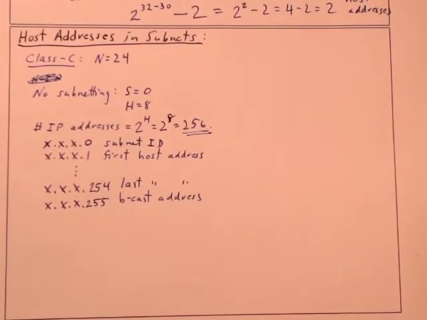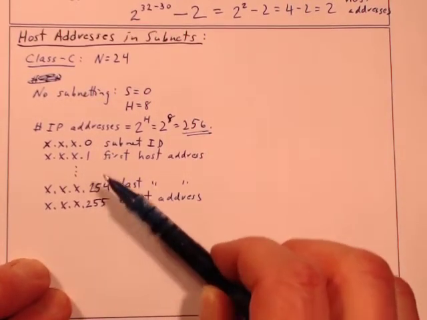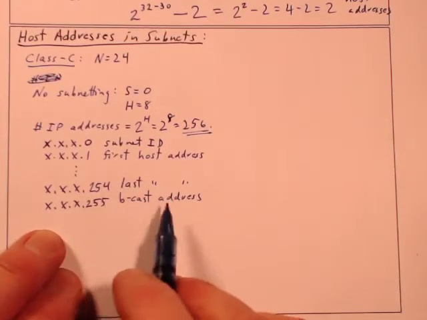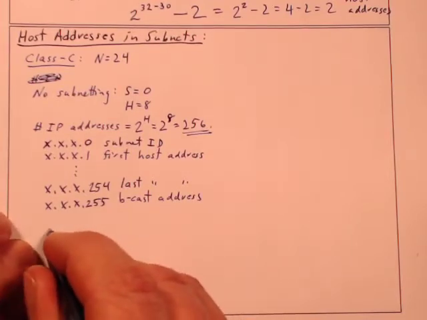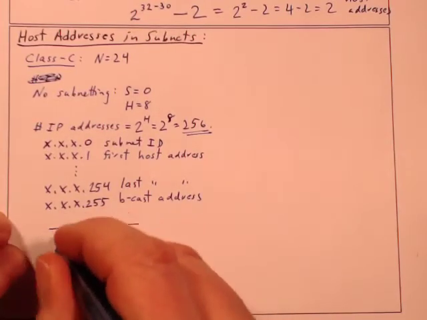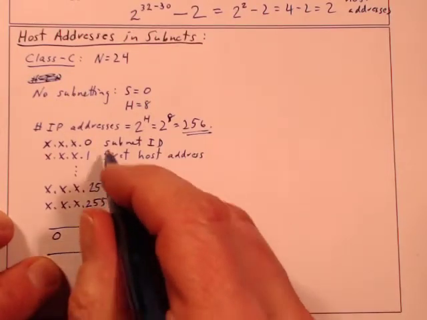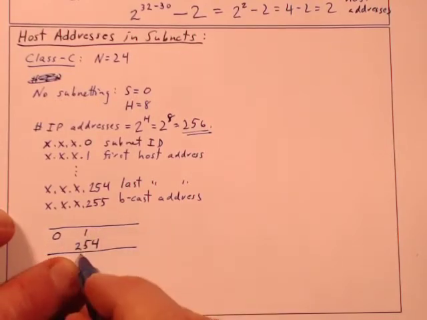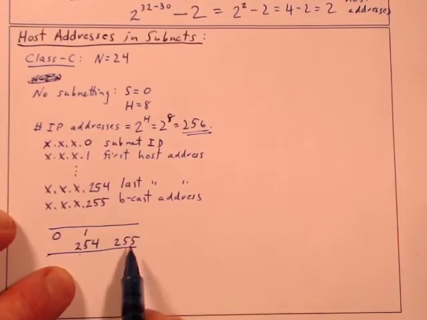Okay? And so this is the simplest case: 0, 1, 254, 255. These are the 4 crucial numbers to be able to get out of a subnet. Sometimes I like to make a little pattern where the first one is the subnet ID, then I have a range from 1 to 254 for host addresses, and then I have 255 down here for the broadcast.